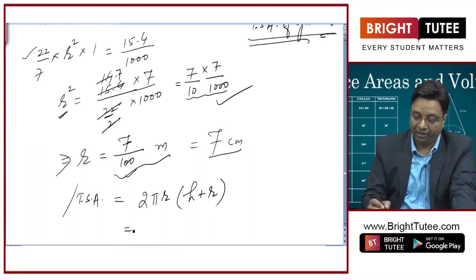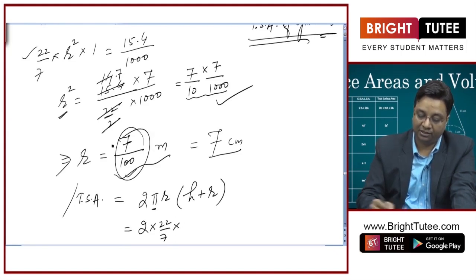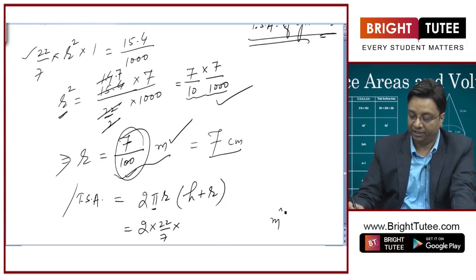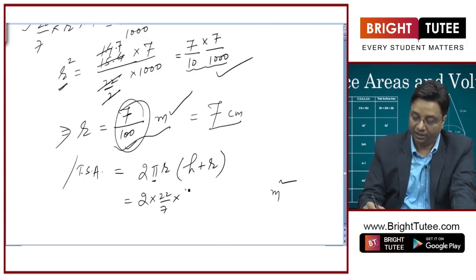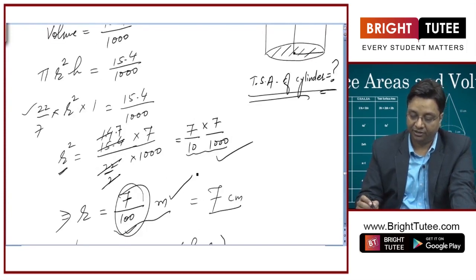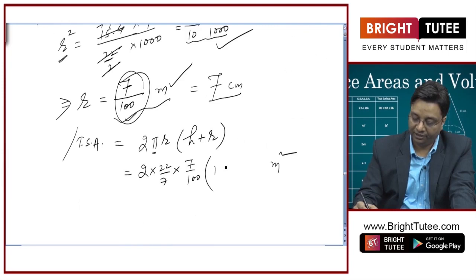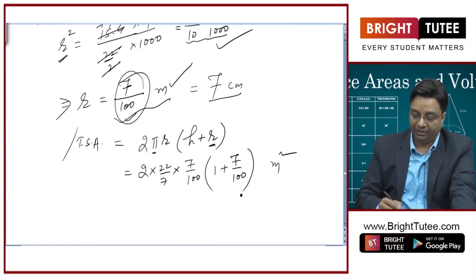So let's put the values. 2 pi is 22 by 7, r is 7 by 100. So I am taking the meter unit because I need to find the area in meter square. So r is 7 by 100, h height is 1 meter. So 1 plus r again 7 by 100. So this will be our answer in meter squares.